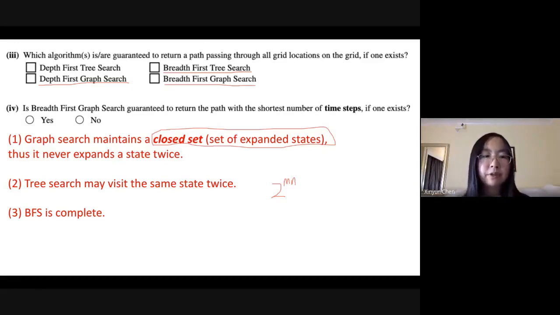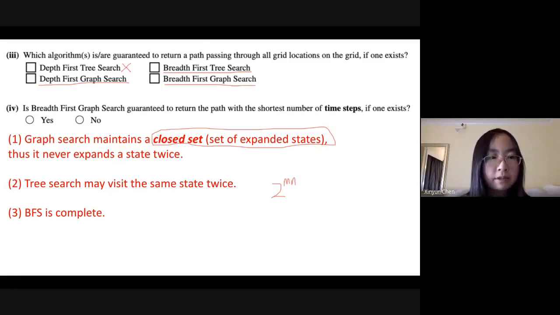Because depth first tree search just keeps going in one direction to deeper nodes, it may not visit another path that will lead to a valid solution, and it may get stuck in an infinite loop when it tries to find a path. So this is why depth first tree search is not guaranteed to return a desired solution.